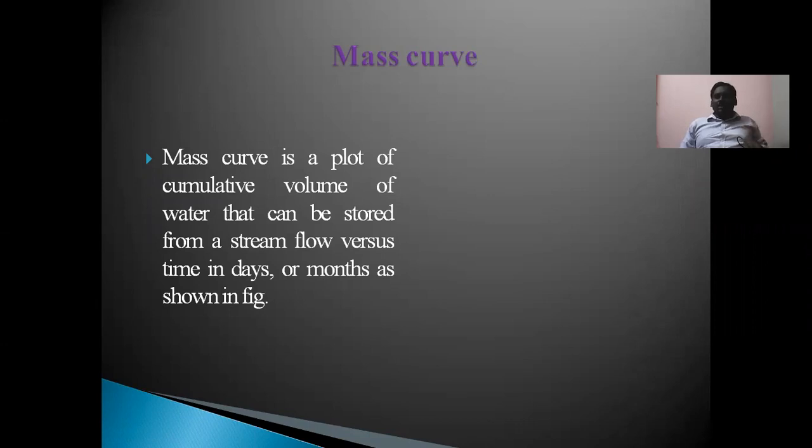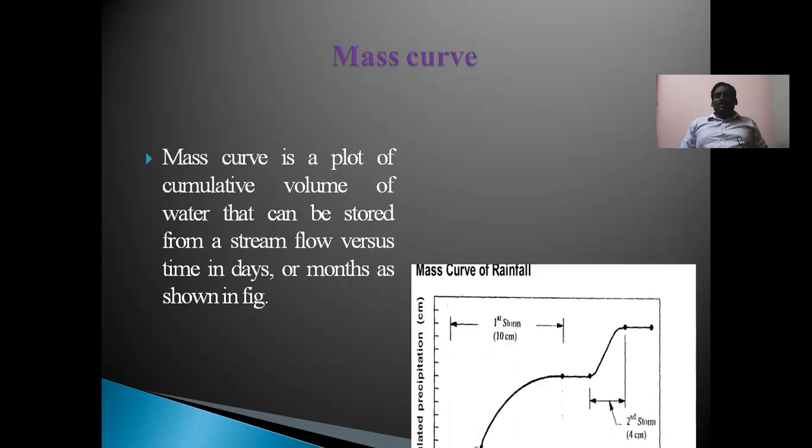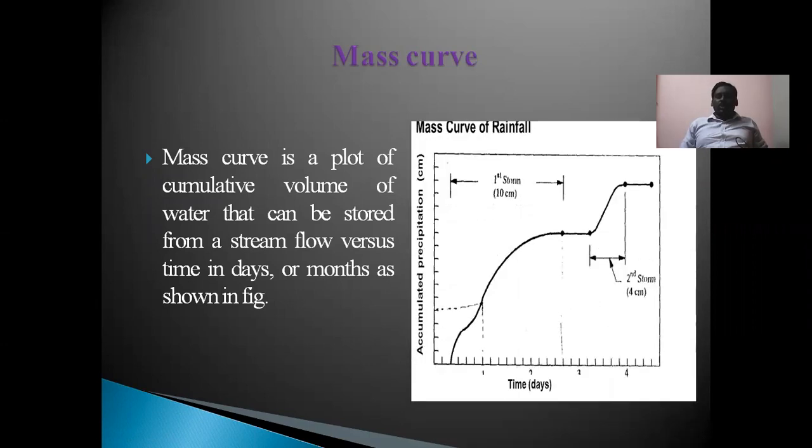So this time is either days or months. That's why this curve is drawn between cumulative water stored in a reservoir and the time. How much time they are stored. When time increases, the water stored in the reservoir can also increase, when rainfall is there or stream is there.